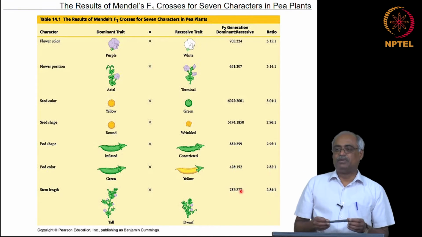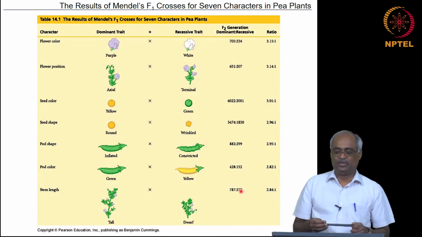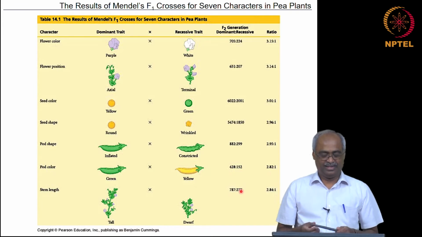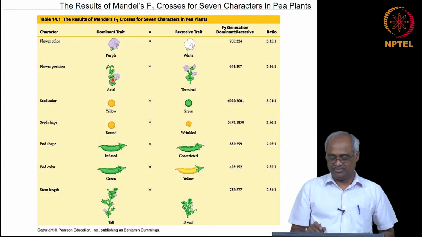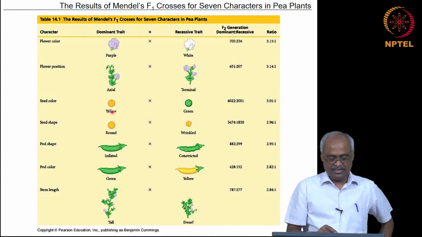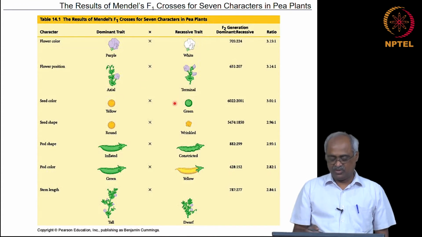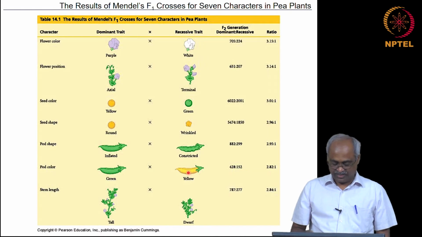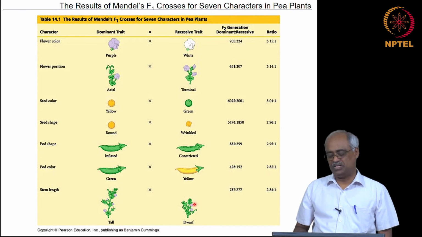So the experiment was not done just with the flower color alone, and it was done with axial bud versus terminal bud, yellow seed color to green seed color, and seed shape round or wrinkled, pod shape inflated or constricted, green or yellow pod, tall plant or short plant or dwarf plant.